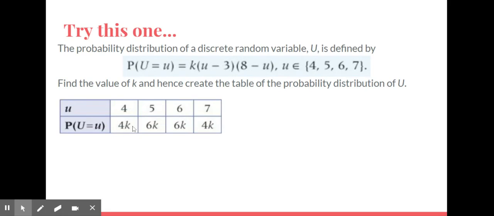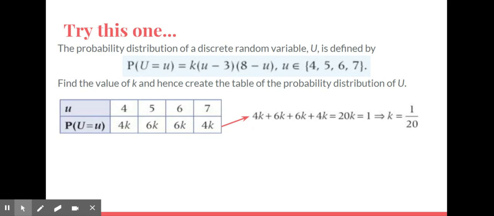So we had already said that all of these probabilities, every single time, no matter what distribution table you're looking at, they all have to add up to 1. So I'm going to take all 4 of those values, add them up so that I get 20k, and set that 20k equal to 1. So if I solve for k, that means k equals 1/20th, or 1 over 20.